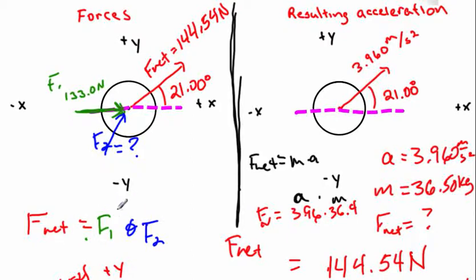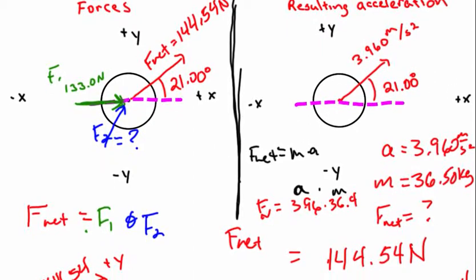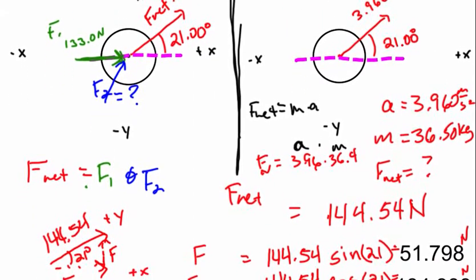You can't just go F1 plus F2 because they're not in the same direction. With forces, you have to have a magnitude and direction. You can only add them together if they have the same direction or opposite directions. Opposite directions you'd be subtracting.